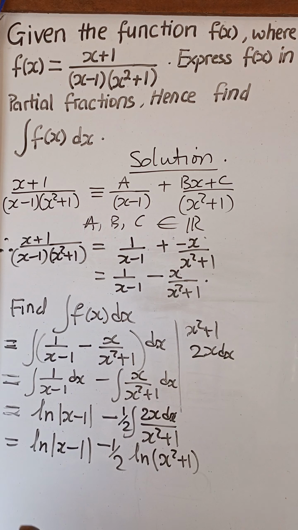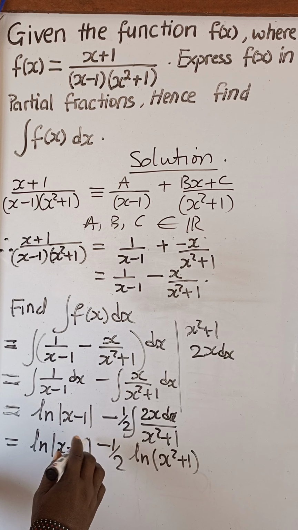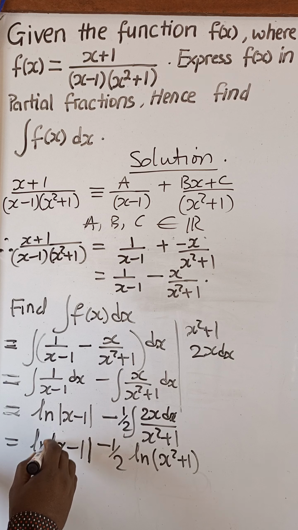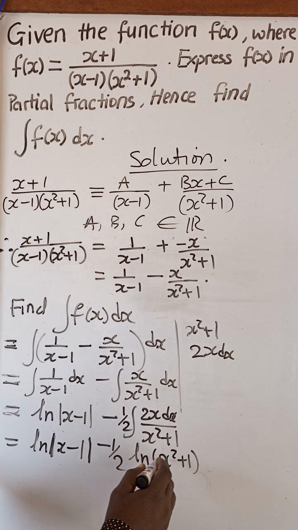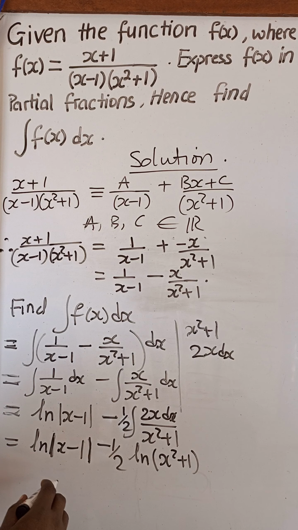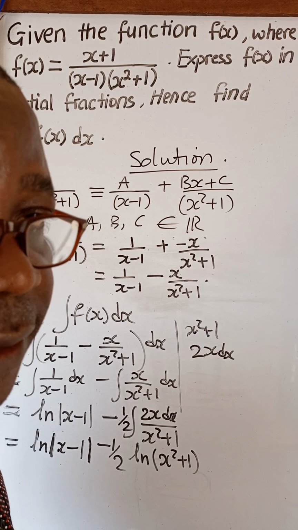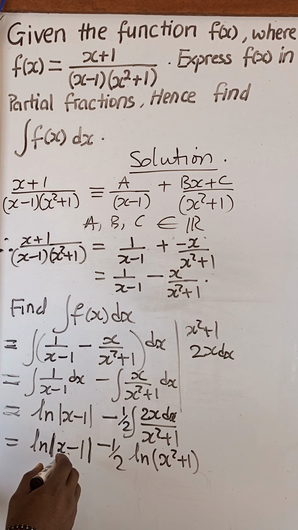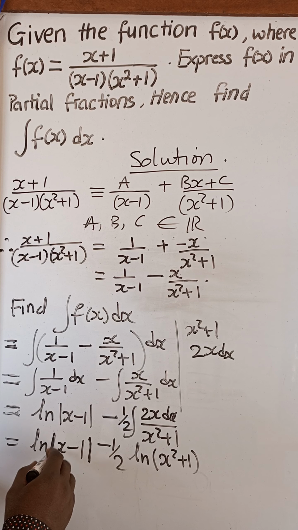Now, something interesting to note here. Here we have to put the absolute sign, and here we have not used the absolute sign. Yes, because the logarithm of negative values doesn't exist. So since we don't know the sign of x here, there definitely will be some values of x that will render this expression negative.